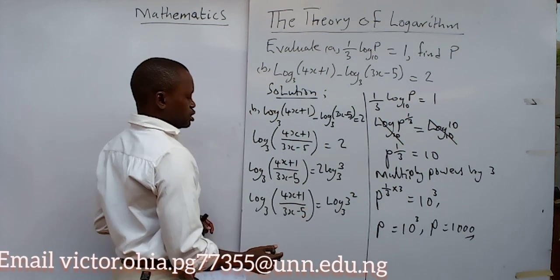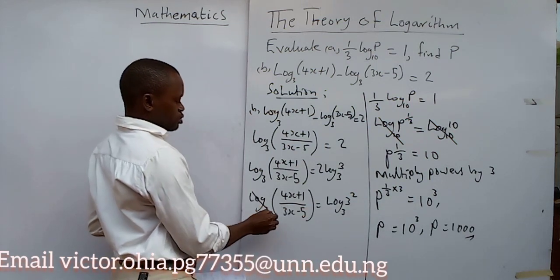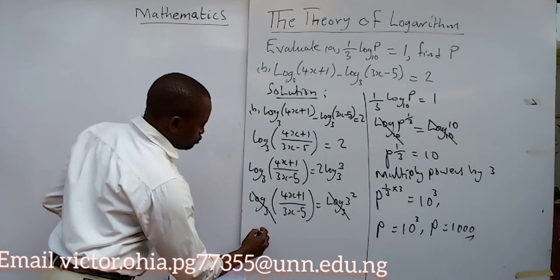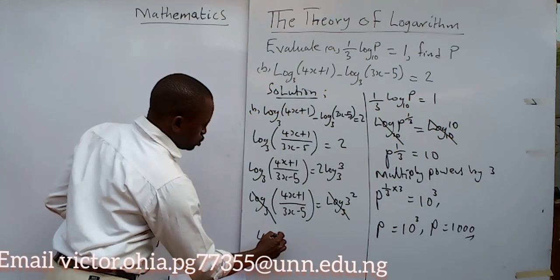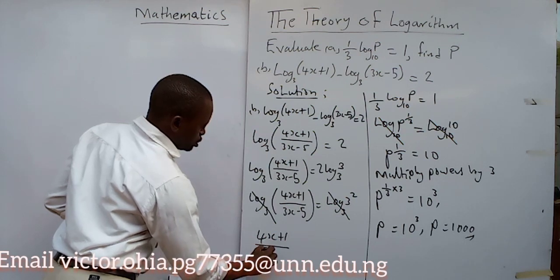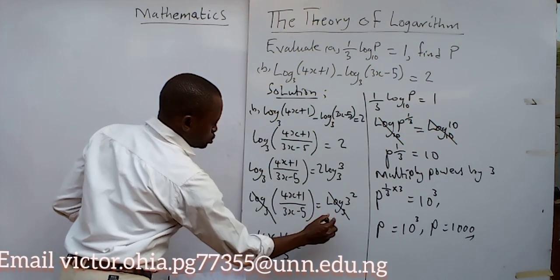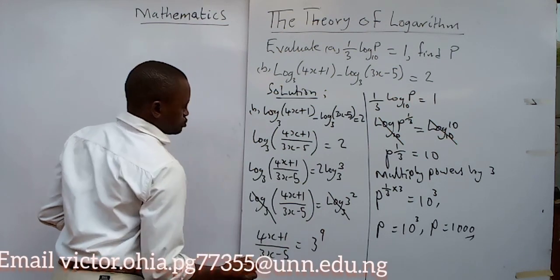This is raised to power 2 now. Permit me to take away the logs. What do we have? We now have (4x + 1)/(3x - 5) equals 3 raised to power 2, which is 9.